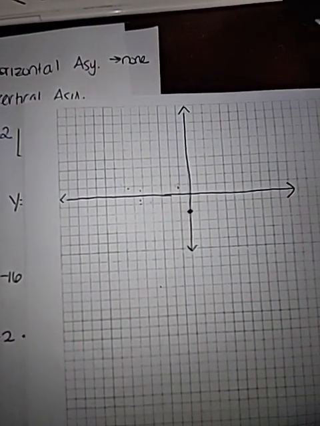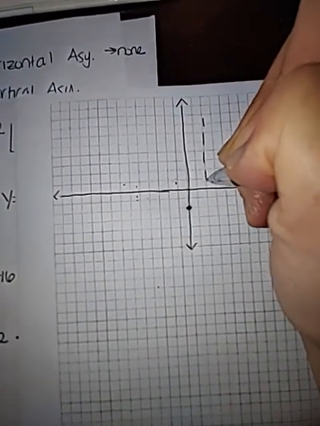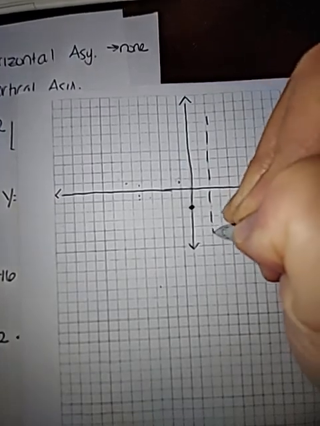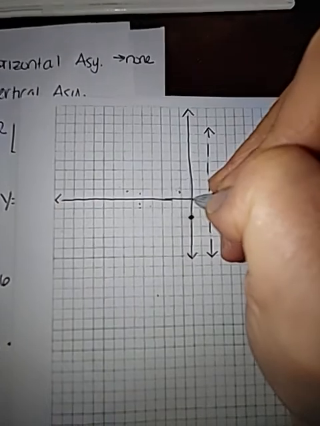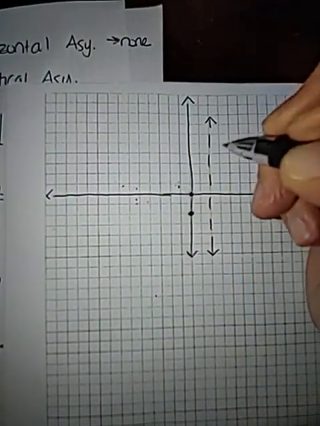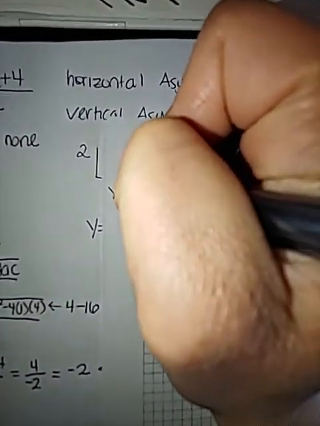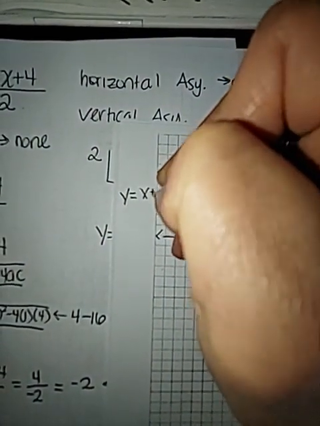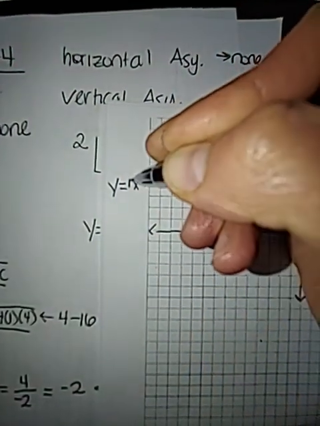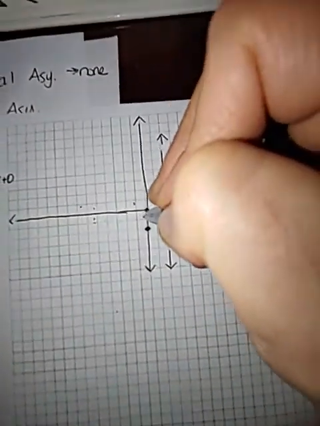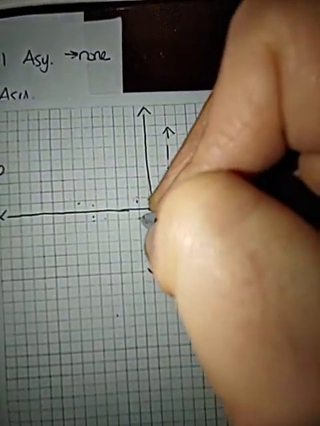I have a vertical asymptote at x equals 2. And I have a slant asymptote of y equals x. So I start at 0 for y equals x. My y-intercept is 0 and my slope is 1. So up 1 over 1, up 1 over 1, up 1 over 1, down 1.